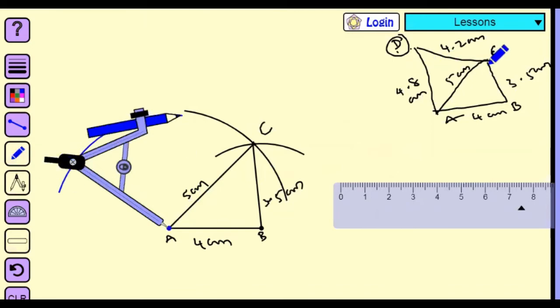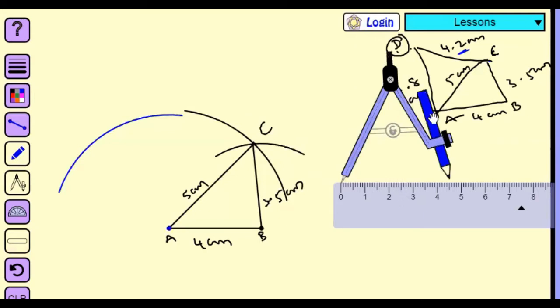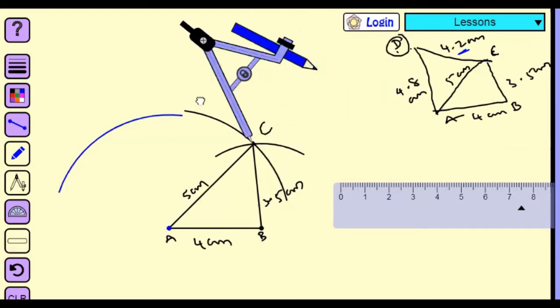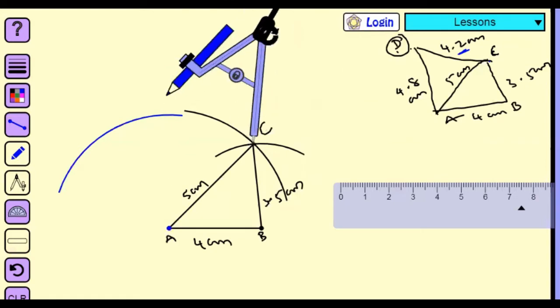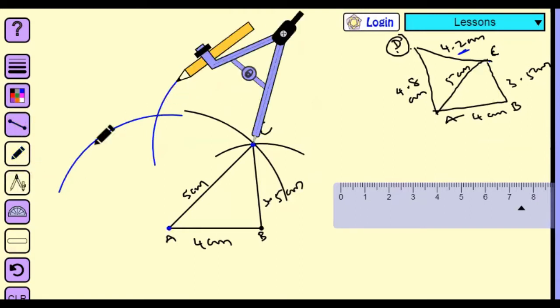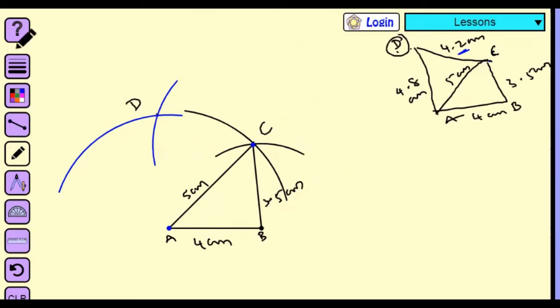Again, the length of C to D we have 4.2 centimeters. Now take the compass length as 4.2 centimeters, with C as the center, draw another arc which cuts the previous arc at point D. Now mark the point as D. Now join A to D and C to D with the help of the ruler to get the required quadrilateral ABCD.